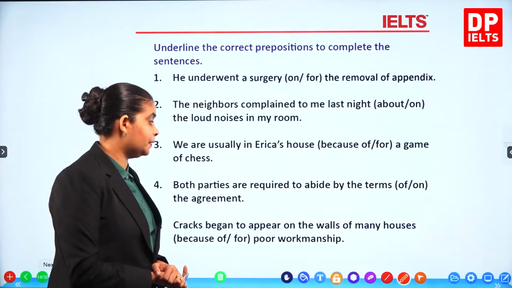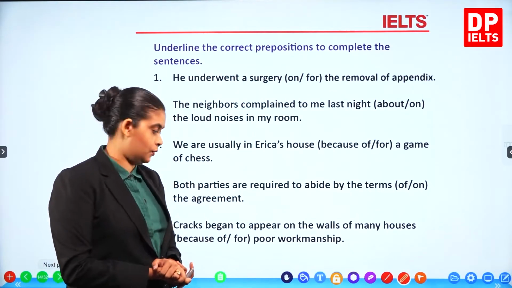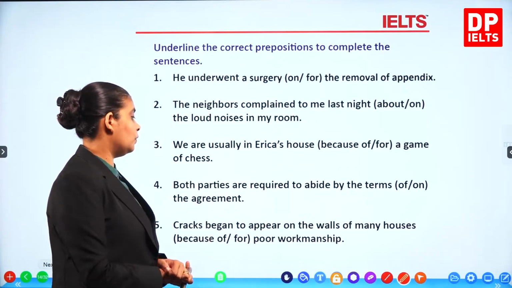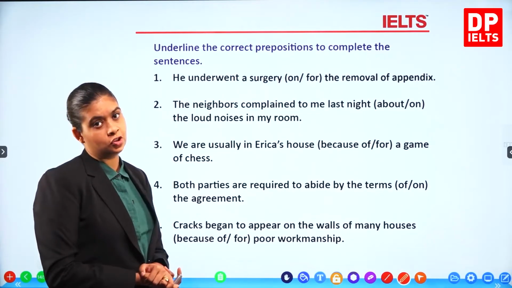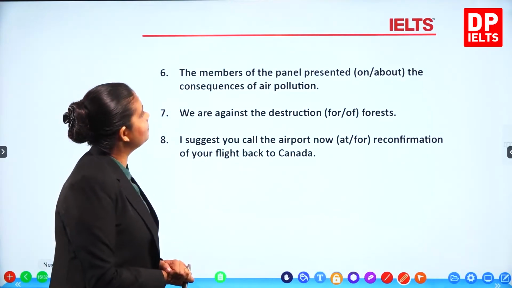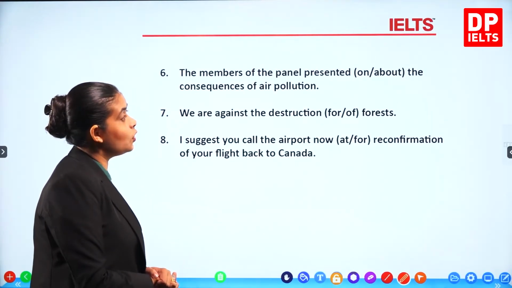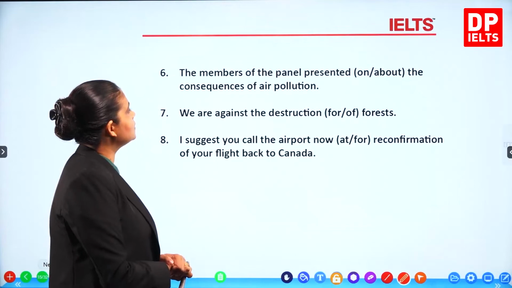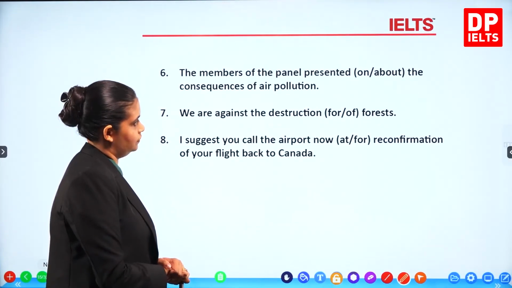Cracks began to appear on the walls of many houses because of or for poor workmanship. The members of the panel presented on or about the consequences of air pollution.